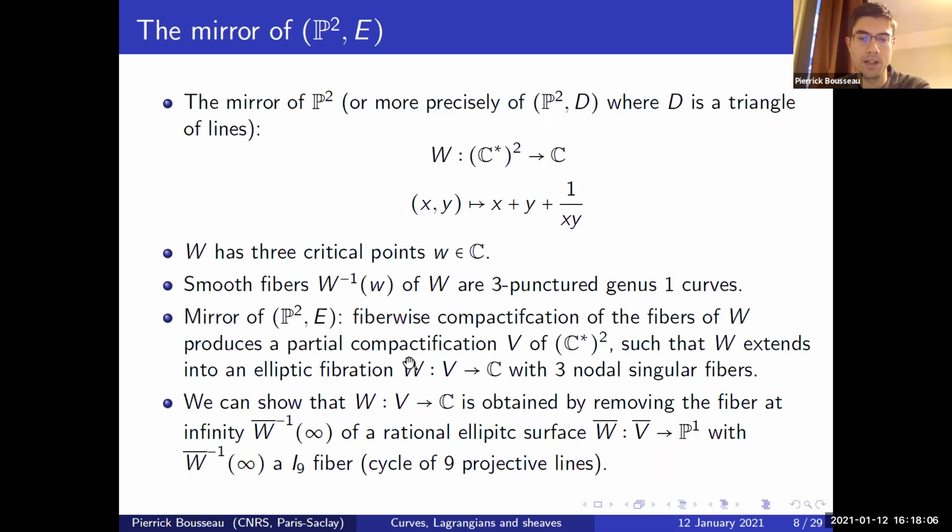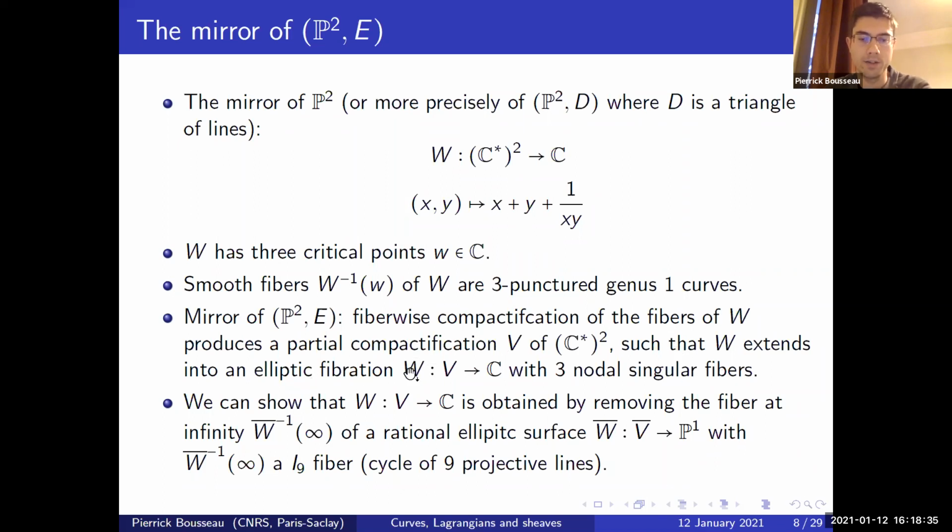Doing that, you get a new geometry, V, which is a partial compactification of C star squared. And W extends to a map from V to C. And now W is an elliptic fibration because we close up the 3 punctures. And because W had 3 critical values, this elliptic fibration has 3 nodal singular fibers.